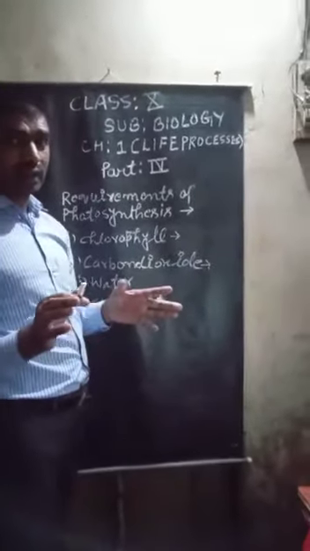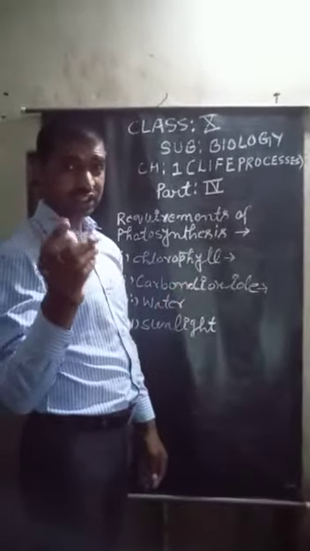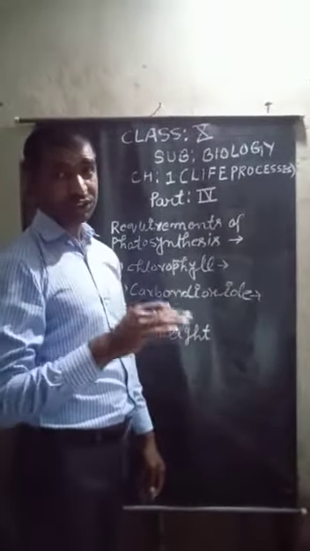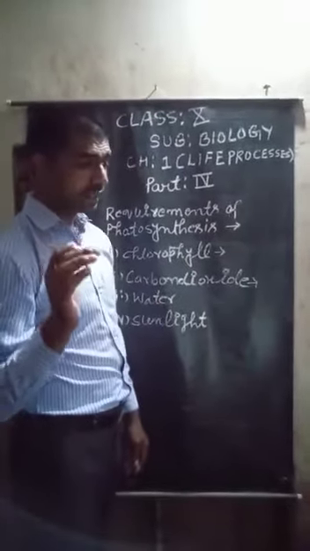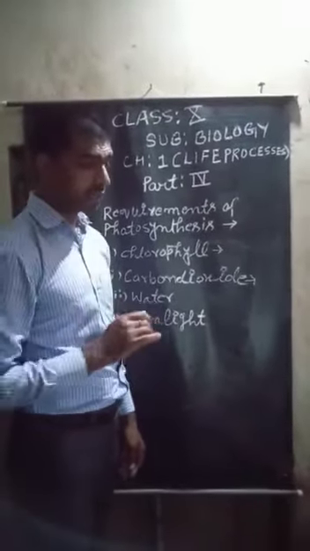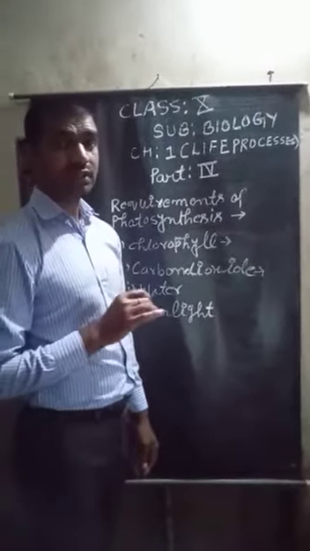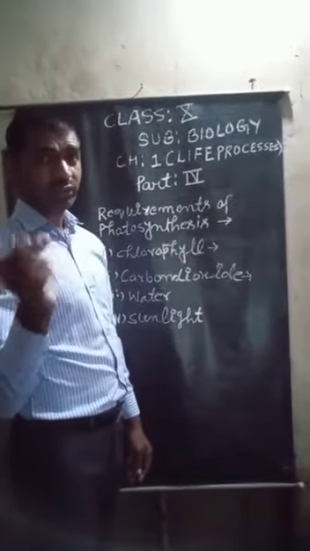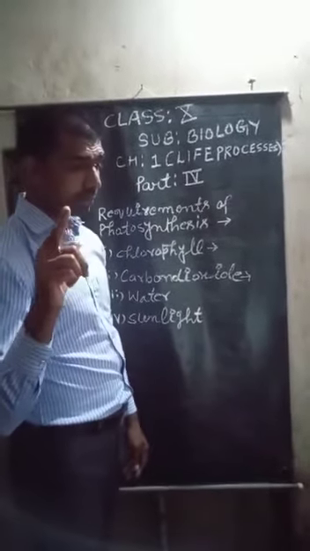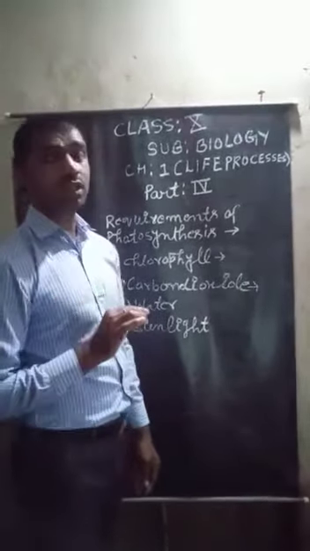Land plants, that means terrestrial plants, obtain carbon dioxide from the atmosphere, but aquatic plants absorb carbon dioxide from water.